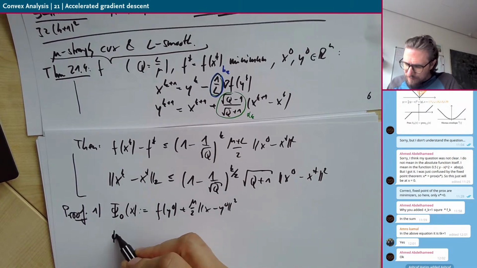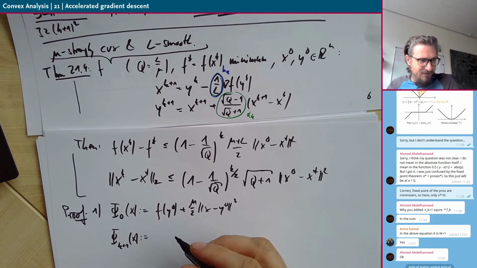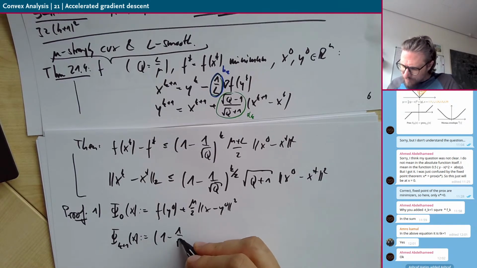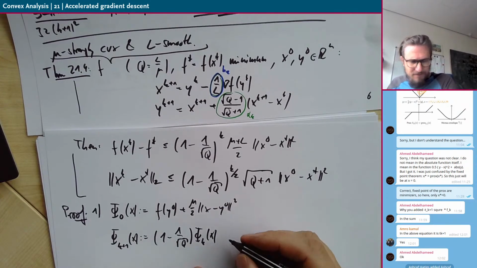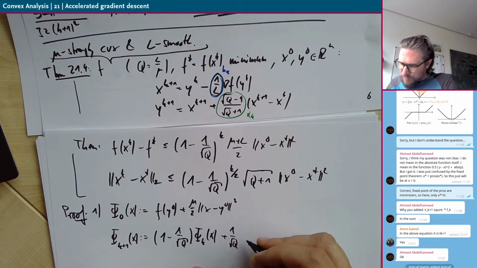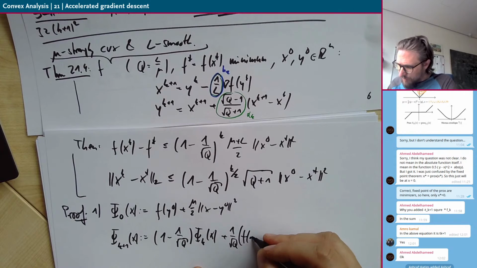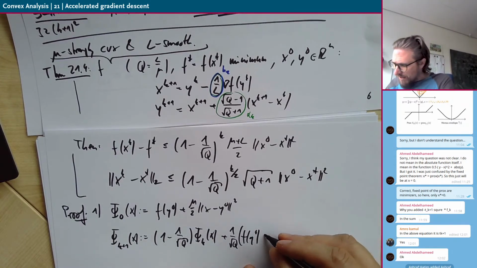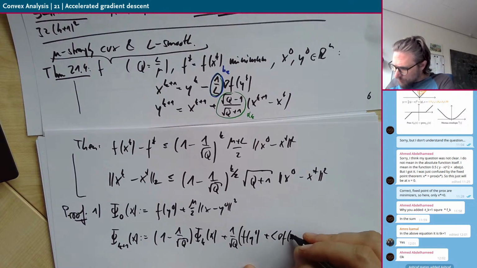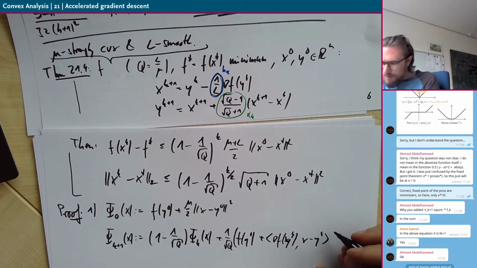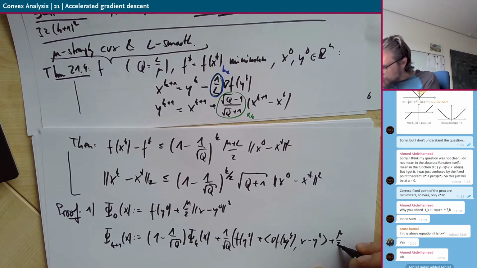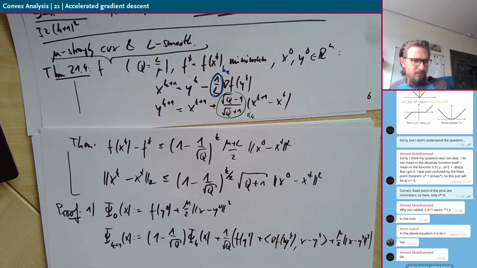And recursively we define phi_{k+1}(x) as, and this is now a bit strange, (1 minus 1 over square root of q) times phi_k(x) plus 1 over square root of q times f(yk) plus gradient f(yk) times (x minus yk) plus mu over 2 again ||x minus yk|| squared.